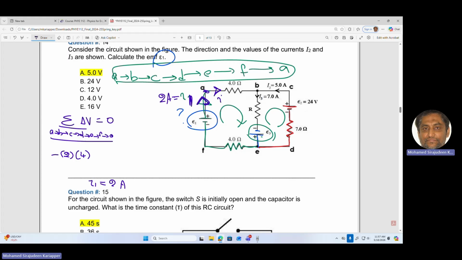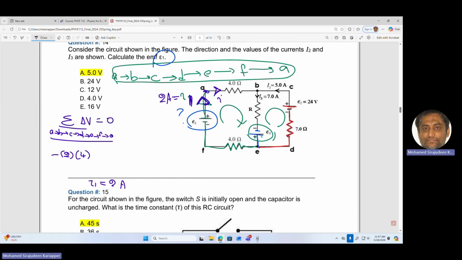Just remembering like a recipe is not good. Can you tell me how I know it is negative? Yeah, that is a recipe, but that's not the physics. It's just memorizing. Current flows from high potential to low potential. That is the physics.